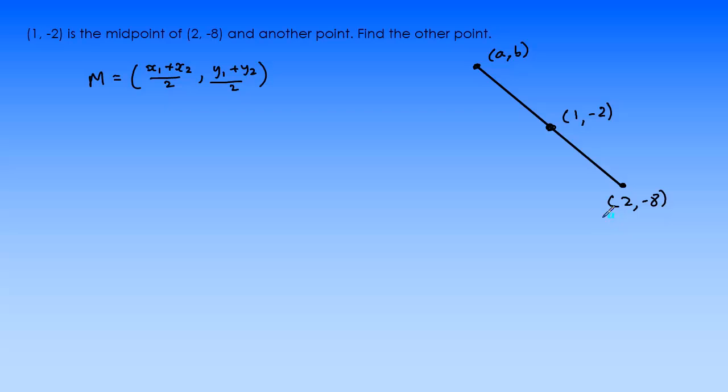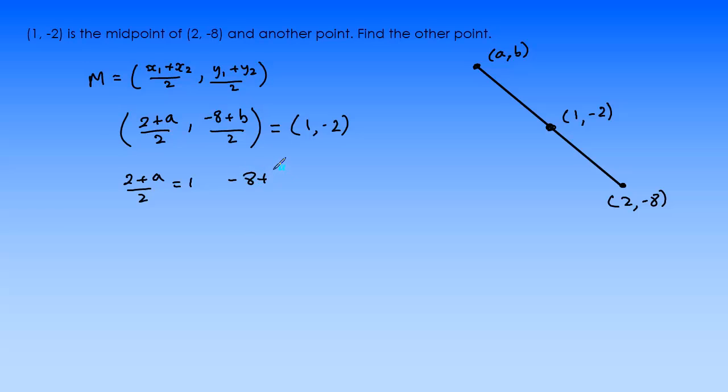So if we do x1 plus x2 over 2, using the x-coordinates of the endpoints, that's 2 plus a over 2, and for the y's we've got -8 plus b over 2. But we know that that's going to be equal to (1, -2). In other words, 2 plus a over 2 is equal to 1, and negative 8 plus b over 2 is equal to negative 2. So we just need to solve these equations.